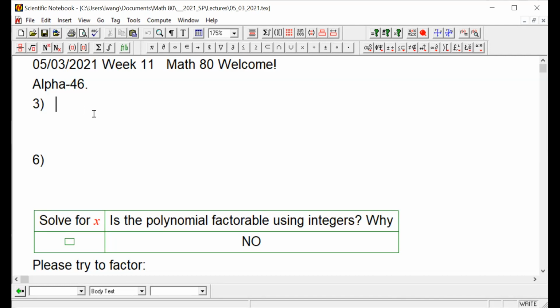So number 3 and number 6. You have x squared plus 7x plus 5 equals 0. And number 6, you have 3x squared plus 5x plus 1 equals 0.